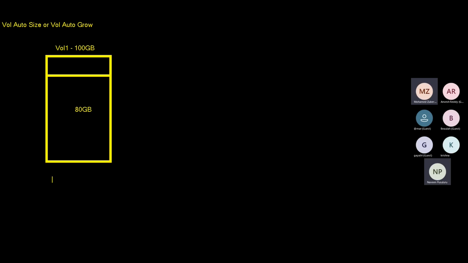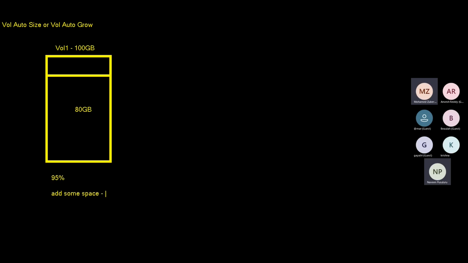So what I can do is configure an option called volume auto size. I can set it so that whenever my volume reaches 95%, it adds some space. Actually, in older ONTAP versions, we could select how much space to add, but now ONTAP calculates it based on the volume size and only adds the amount of space required.